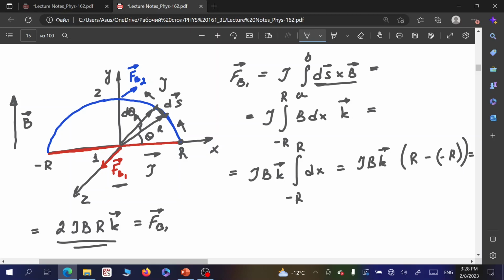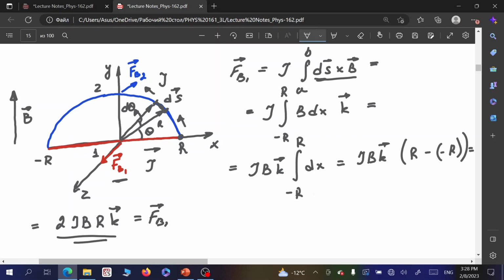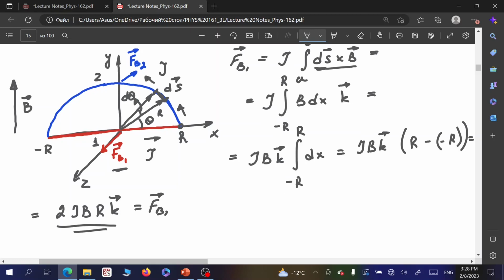So how do we approach calculation of force FB2? So dF2 vector, which is exerted on this small segment ds vector, will be I times ds vector cross product B vector.